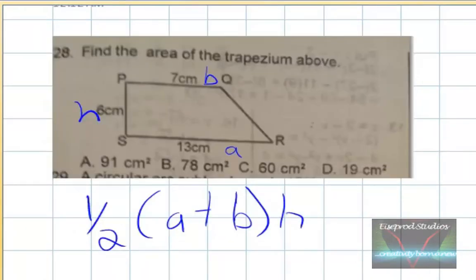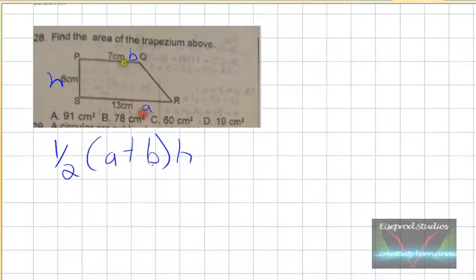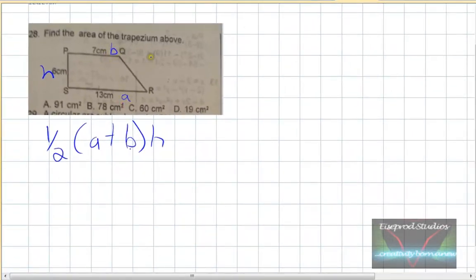So question 28 wants us to find the area of the trapezium. Remember that the formula for area for this type of shape is 1/2 times a plus b times the height, where a and b are these two bases, as you call them. So 1/2 times 7 plus 13 times 6.